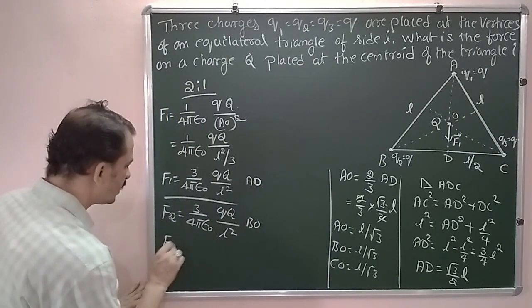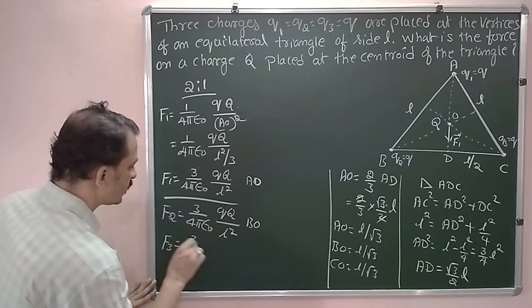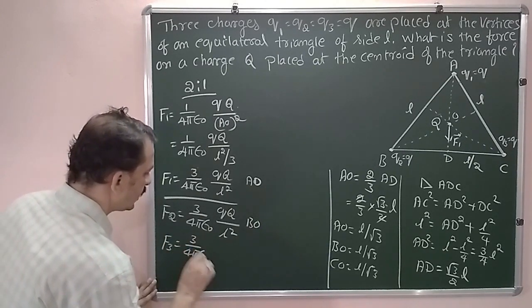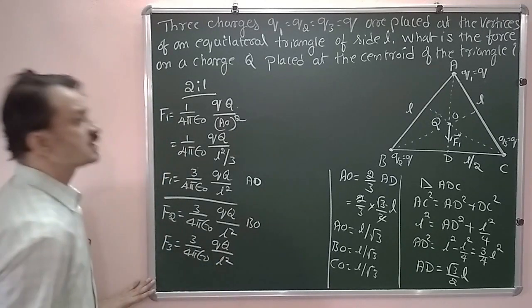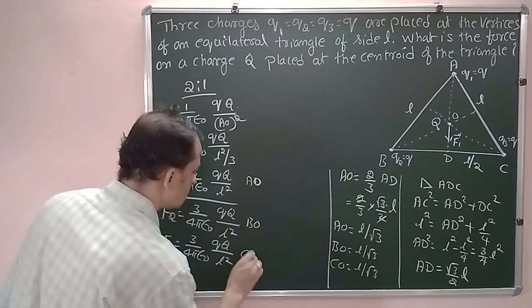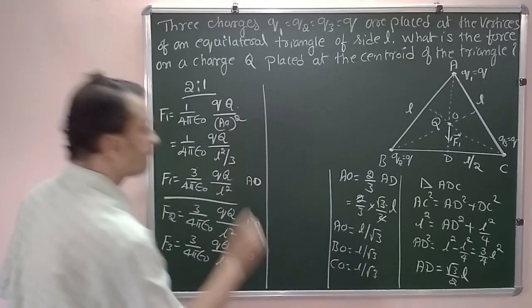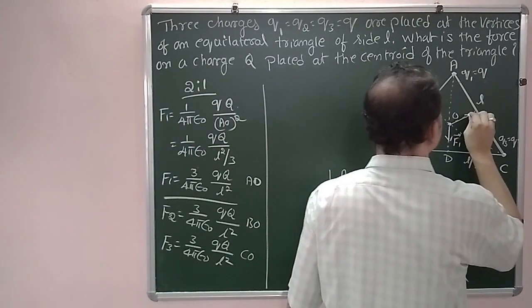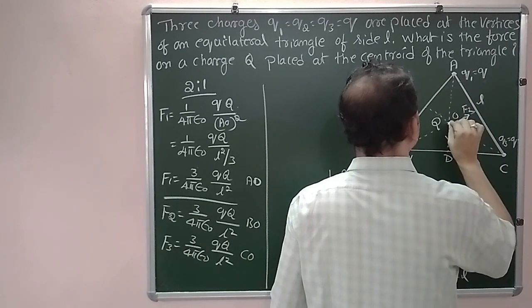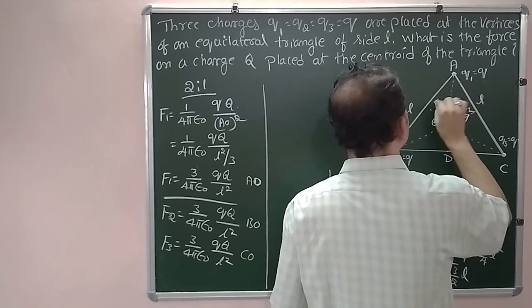And F3 is also the same, 3 divided by 4 pi epsilon naught small q capital Q divided by L square, along CO. Now this is F1 acting here and F2 is acting here and F3 is acting here.